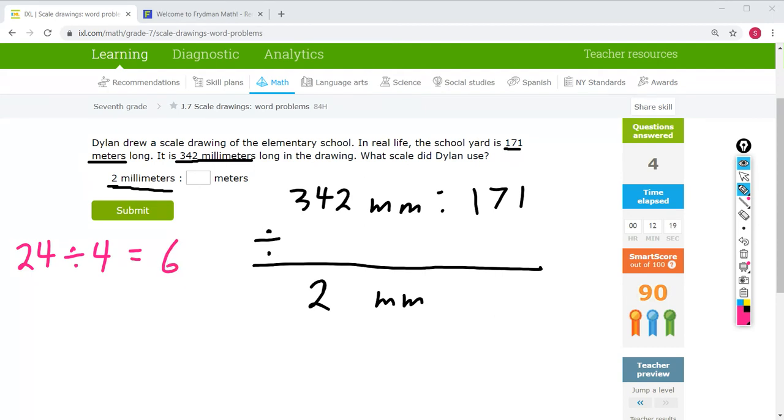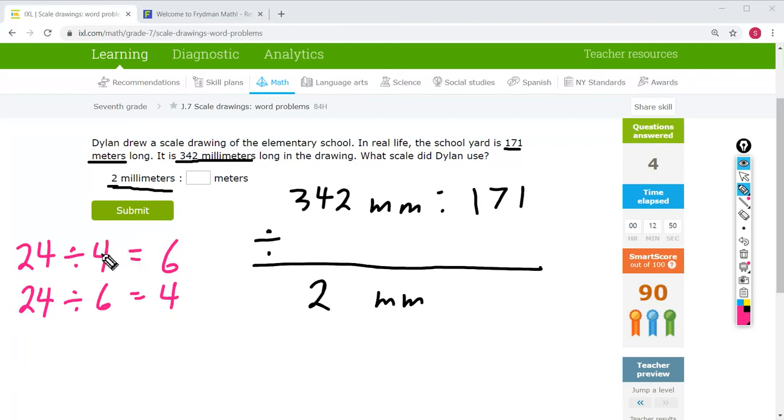Now, what about 24 divided by 6? What is that equal to? Well, that is equal to 4. So if I have a number A divided by B is equal to C, then A divided by C is equal to B.